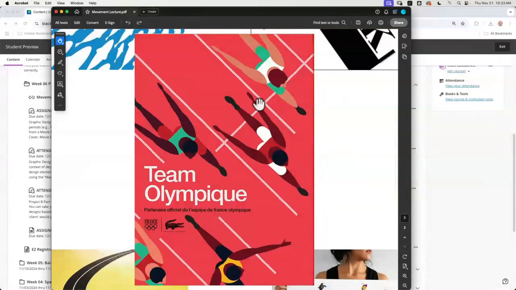The shapes that we are associating as a representation of a person is a person in motion. And the crazy part, which was brilliantly done here, is that the person is looking at Team Olympique here. So they're guiding us down. So there's that movement right there. We're looking down here.